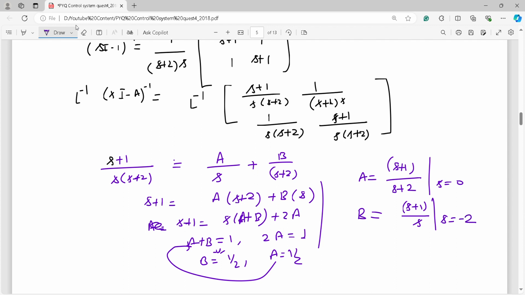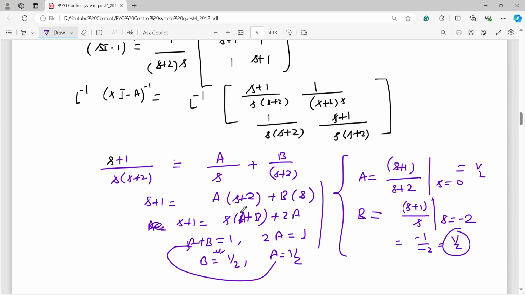So what's the value coming? For A it is 1 by 2. And here for B we get minus 1 divided by minus 2, which is plus 1 by 2. All right, so we can also find it this way.